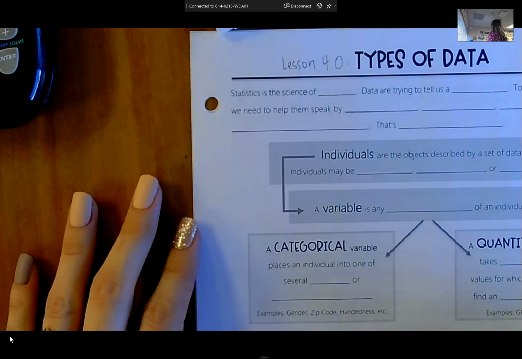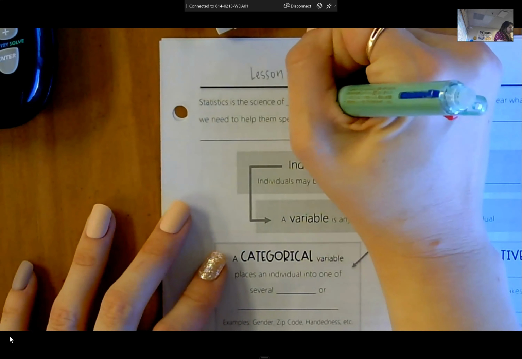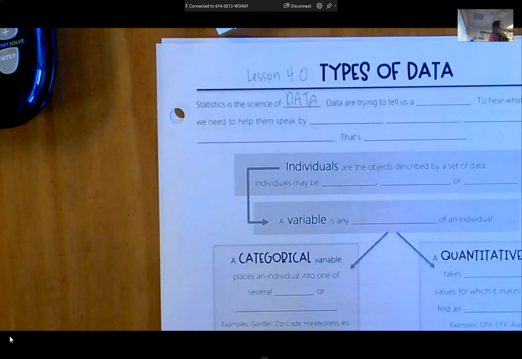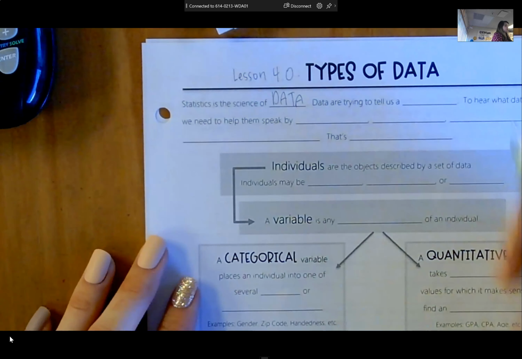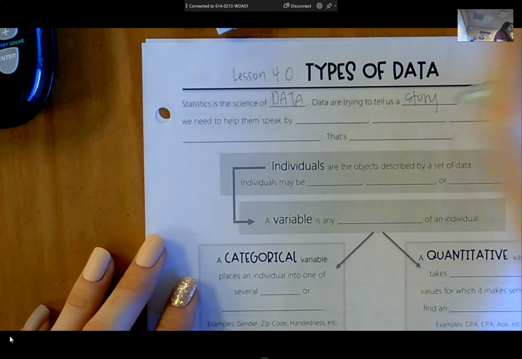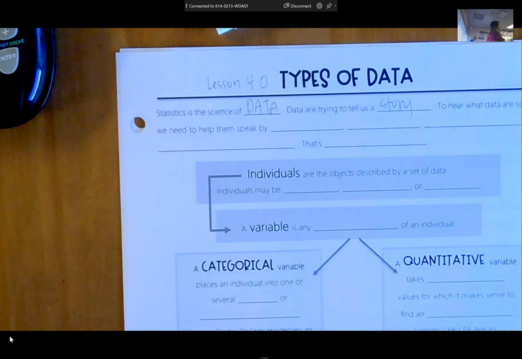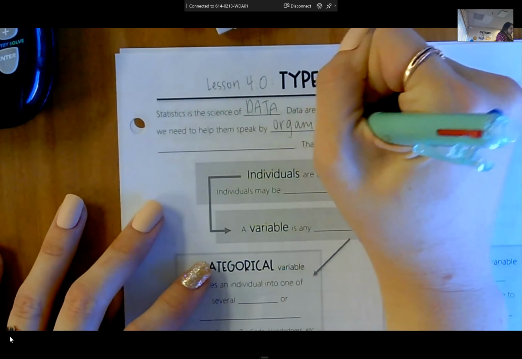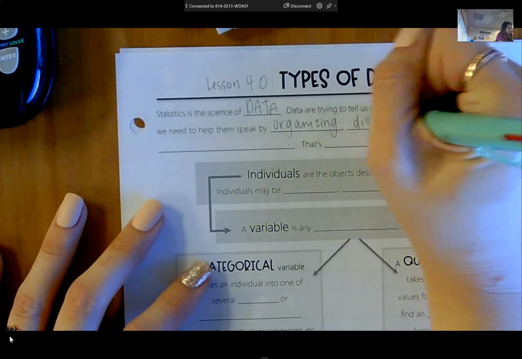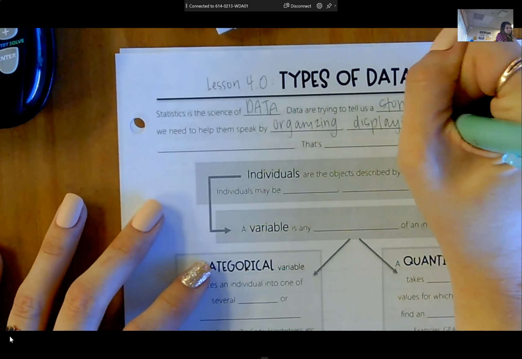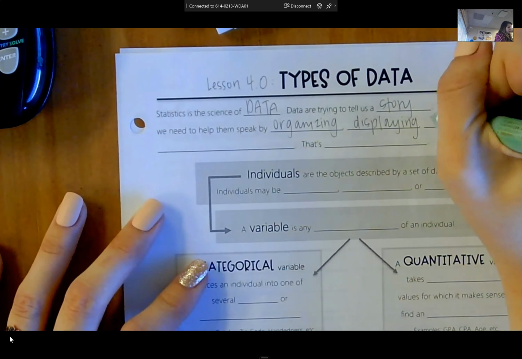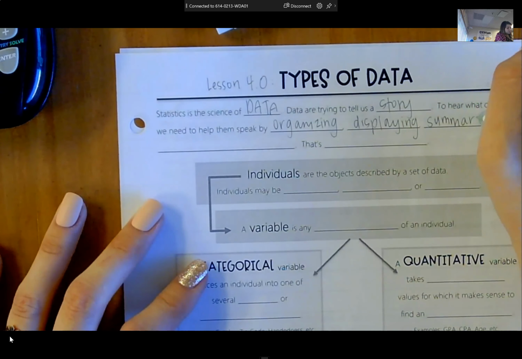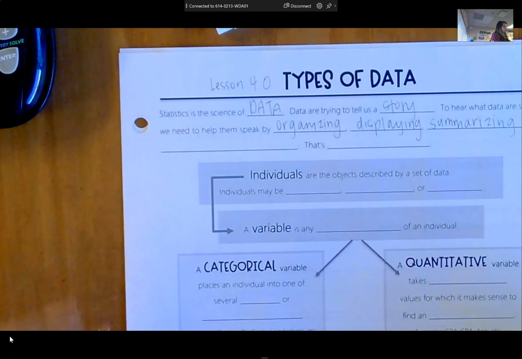Statistics is the science of data. Any set of data is trying to tell us a story. However, to hear what the data is saying, we need to pull that story out of it. So we need to help it tell us its story by organizing the data, then displaying the data, and then summarizing what you see.